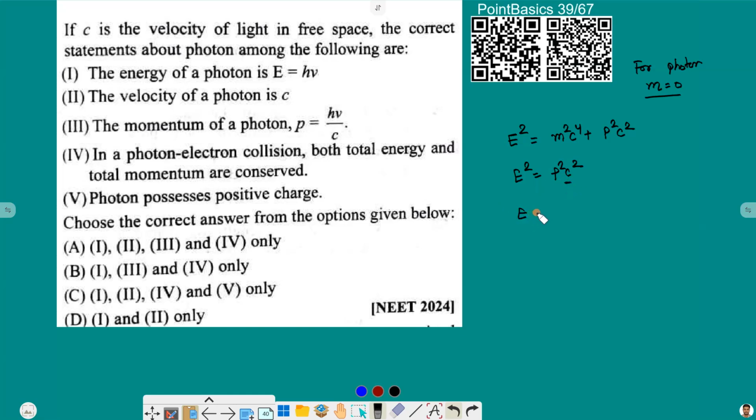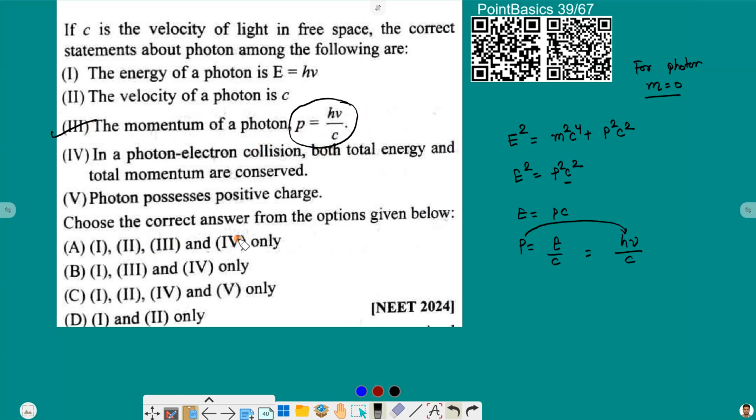So we can write E is equal to pc, and from that p is equal to E by c. Now we know that the energy of a photon can be written as h nu, and c is as it is. So momentum can be written as h nu by c, and that is statement 3 here. So statement 3 has to be a correct statement.